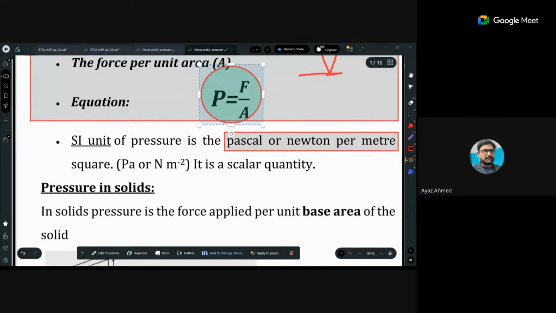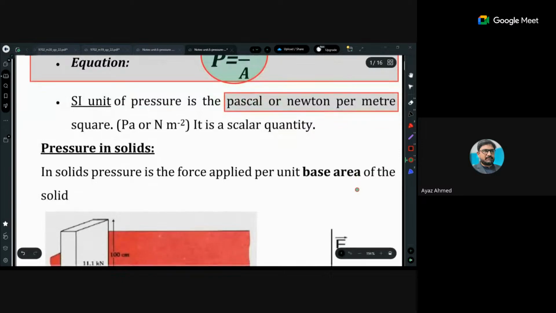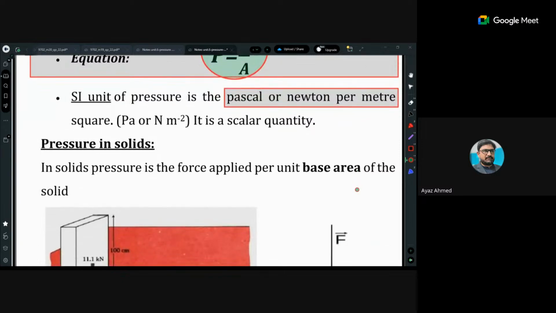This is the general formula of pressure. Wherever you see that pressure is acting, you will use that formula. It is a scalar quantity because we do not have any value in a specific direction.